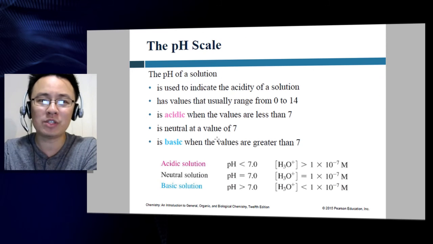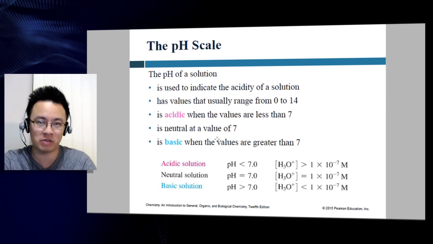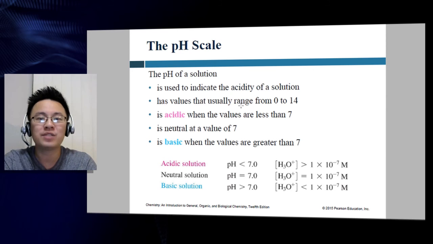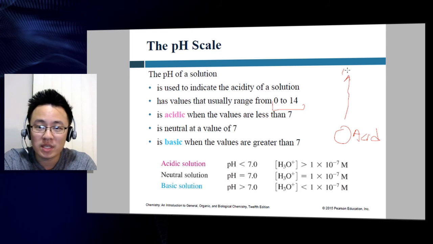Now, the pH of a solution is used to indicate the acidity of a solution or the hydrogen ion concentration in that solution, and it has values ranging from 0 to 14, where 0 is the most acidic, and then all the way up to 14, which is the most alkaline or basic.